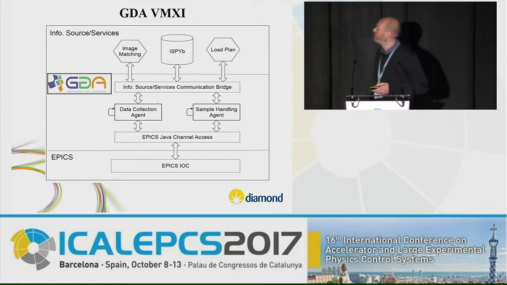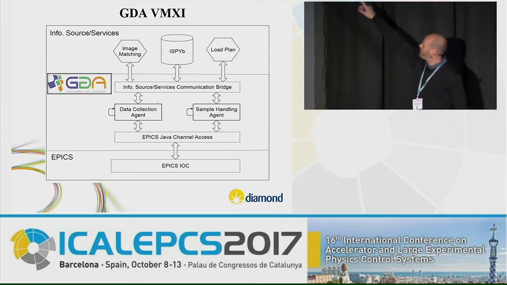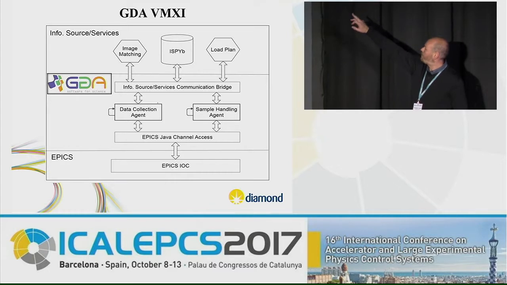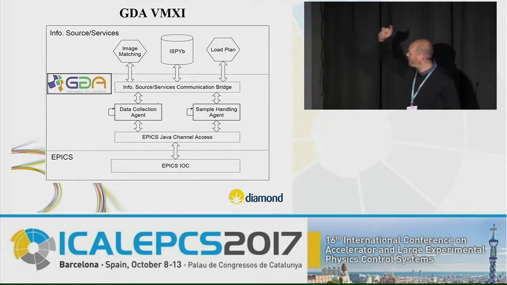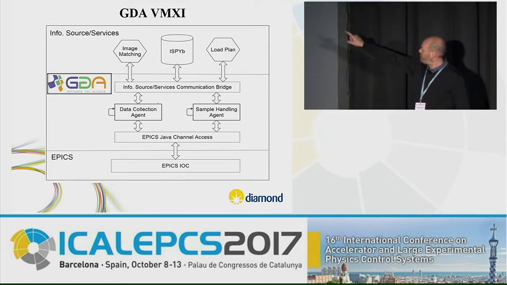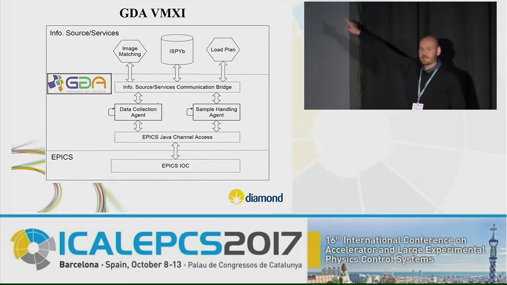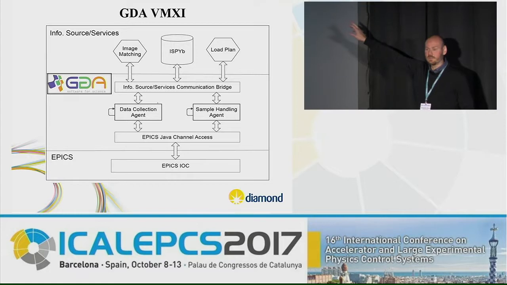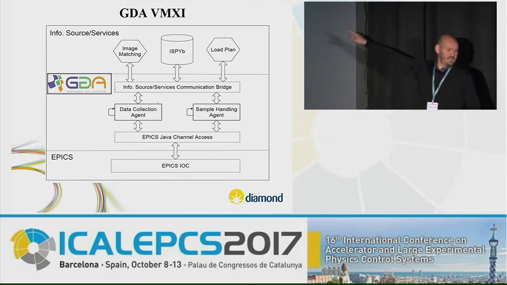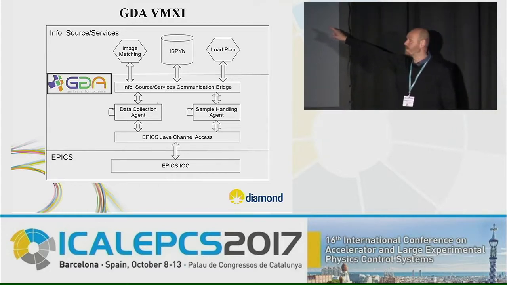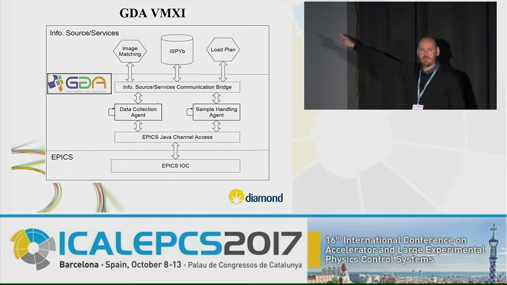So this is the architecture overall here. At the top level, as we said, we have our information source and services: a load plan we talked about, the I/B, and image matching, which we kicked out. So in GDA, we just have the two data collection agents and sample handling agents. A very important aspect of this is the communication breach. I'll just quickly say as well, this comes really cheap: it's just under 3,000 lines of code for the raw controllers.